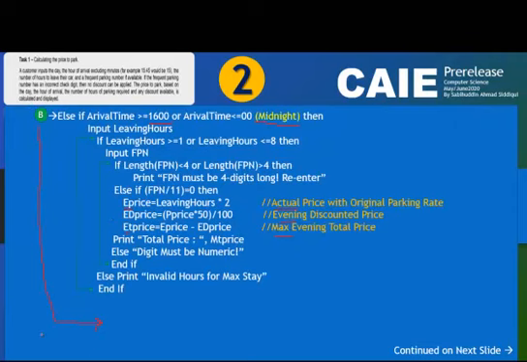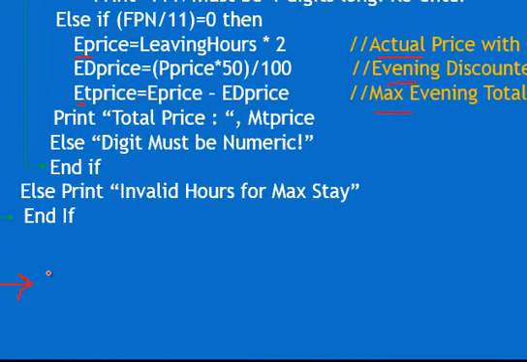Oh, one more thing. I am just ending this here. Okay. The else statement is missing here. Okay, yeah. Else. Print what? What to print? Invalid arrival time.